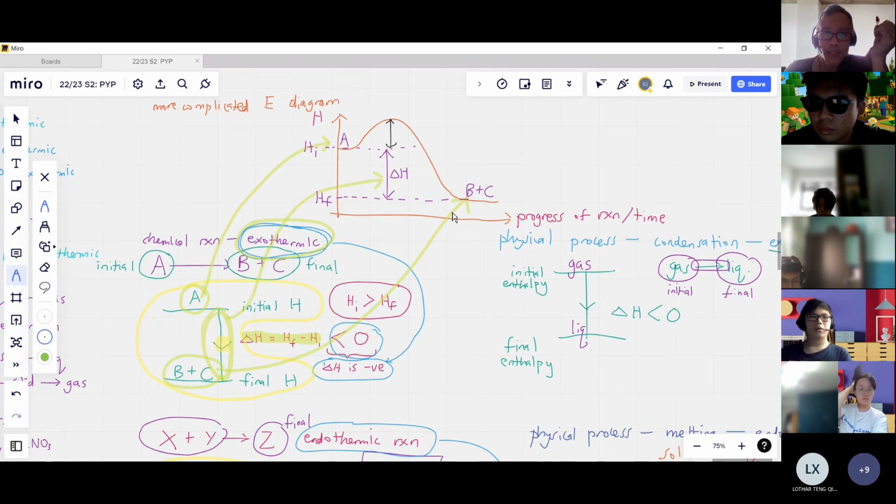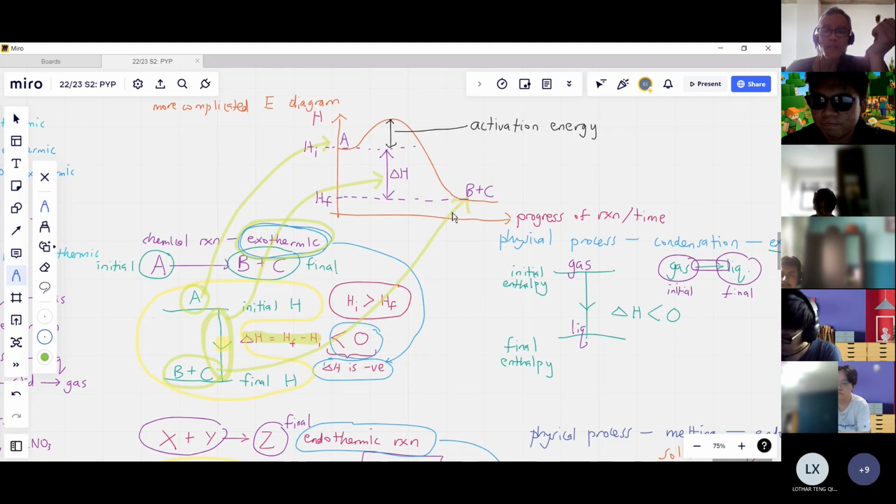This thingy here, note, is what they call activation energy. There's a short form for that, even though you don't really have to remember. Okay, so it's EA.